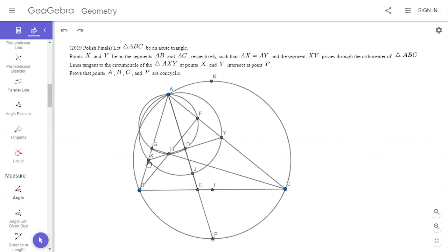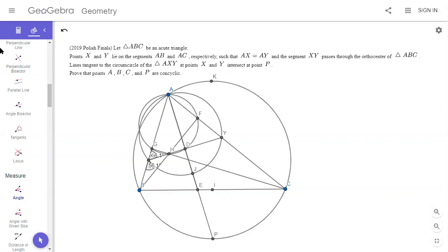That's kind of interesting. So if angle PXY is equal to angle A, and angle AXD is 90 minus A over 2, those would add up to 90 plus A over 2. So basically, we want to show angle BXP is equal to angle AXD.